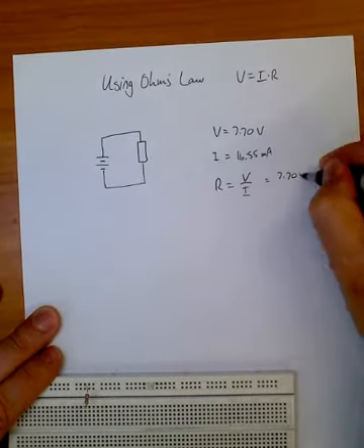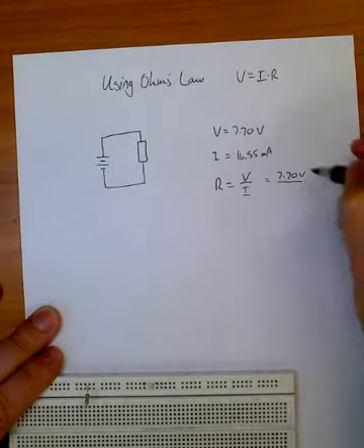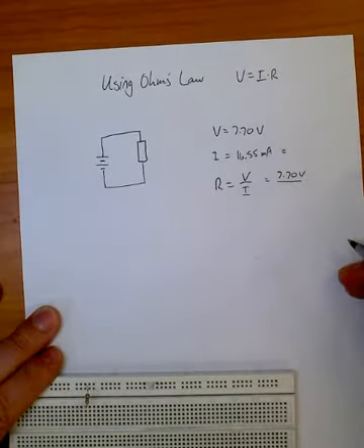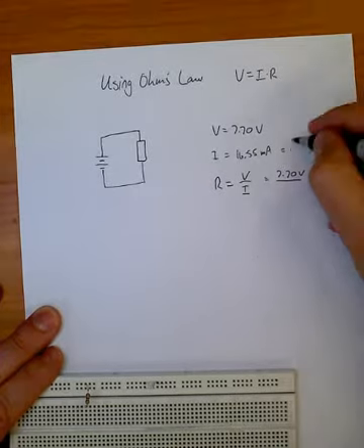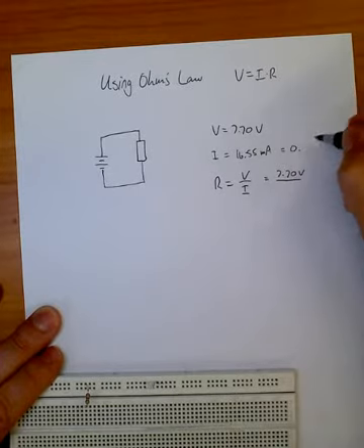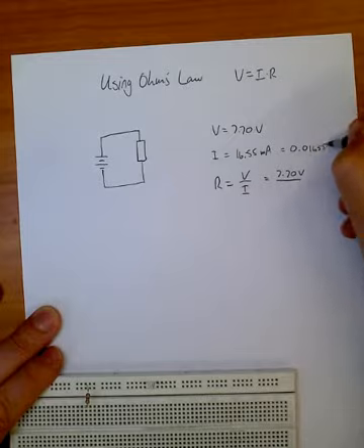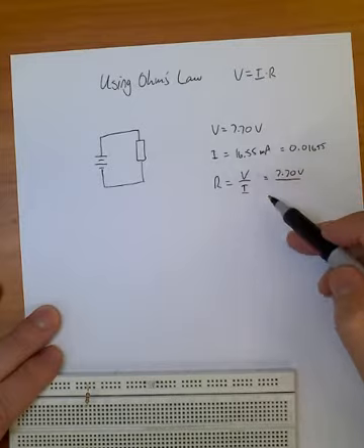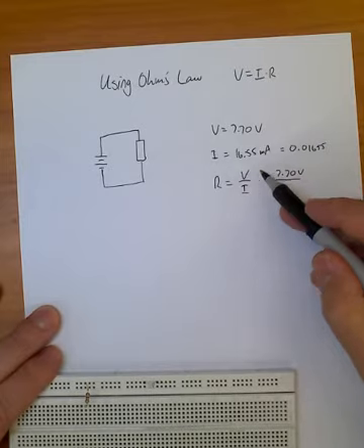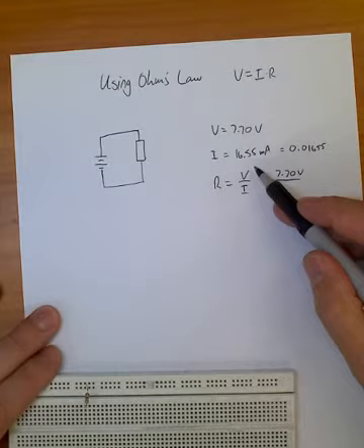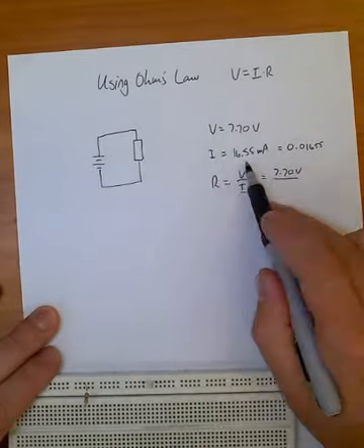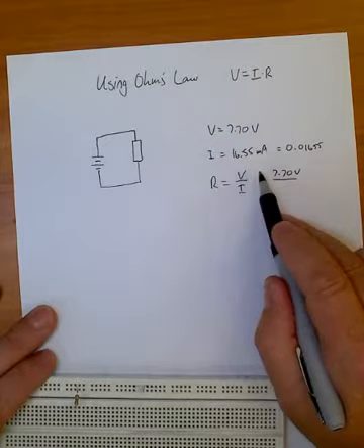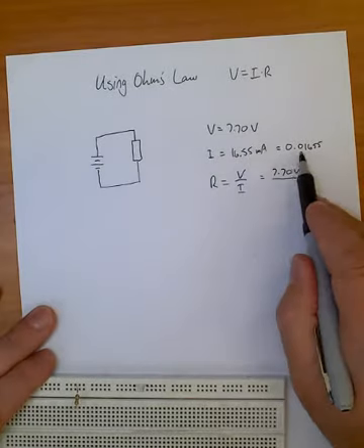Okay, so I've got my measured voltage, 7.70 volts, divided by 16.55 milliamps. I need to put that into amps, sorry. So that is 0.01655, because 1 milliamp is 1/1000th of an amp, or in other words, 1 amp is 1000 milliamps. So I would have 16.55 1/1000ths of an amp, which is 0.01655.